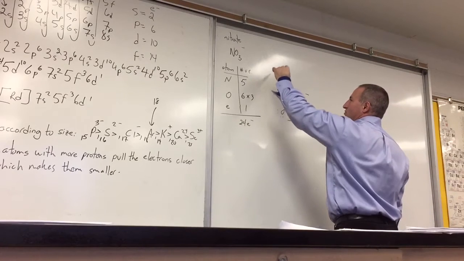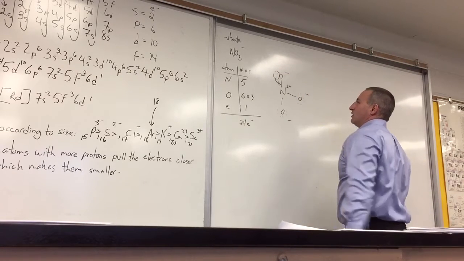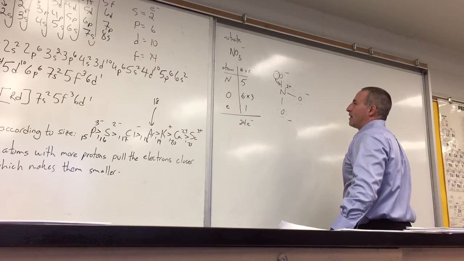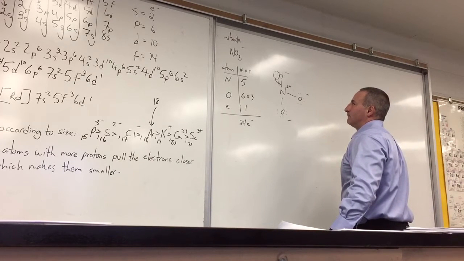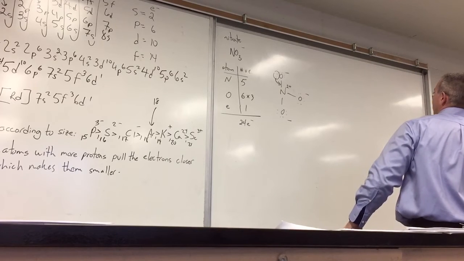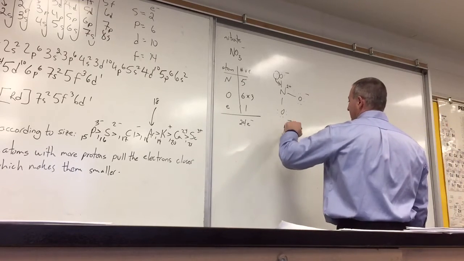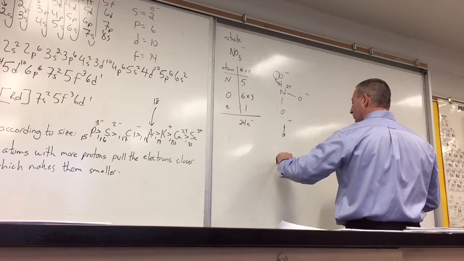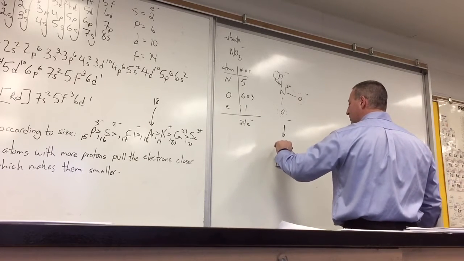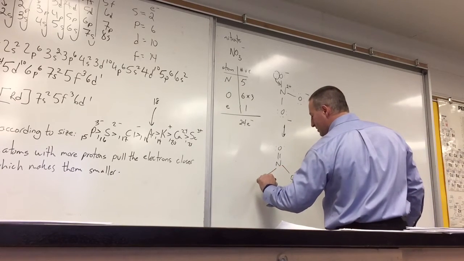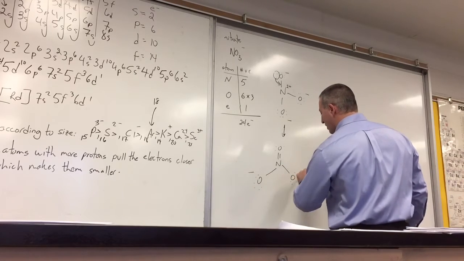But let's modify the structure to fulfill the octet consideration. So we'll do that. And what we get is this double bonded, and these oxygen atoms are minus 1, minus 1.